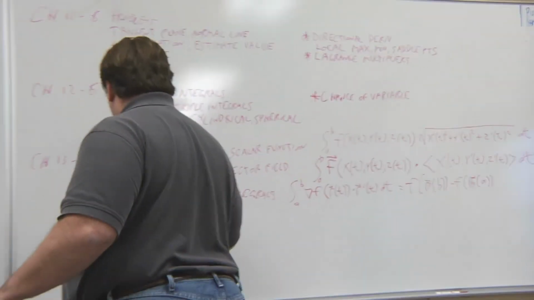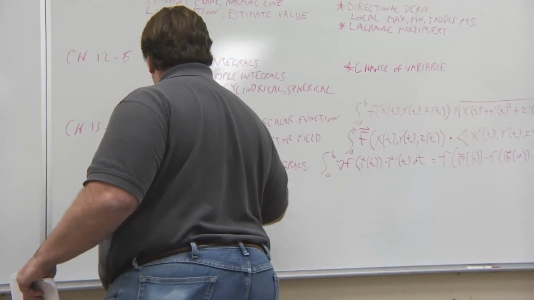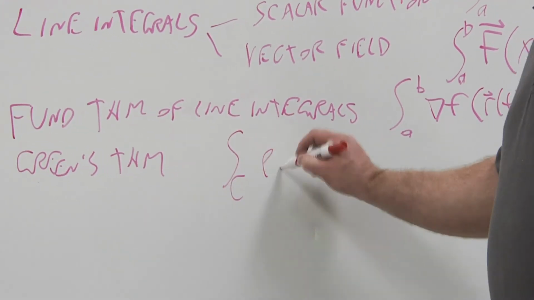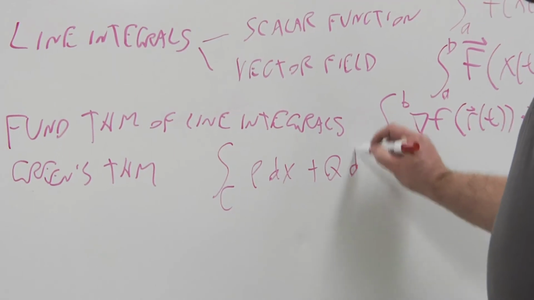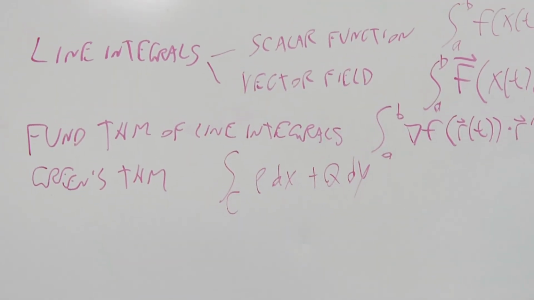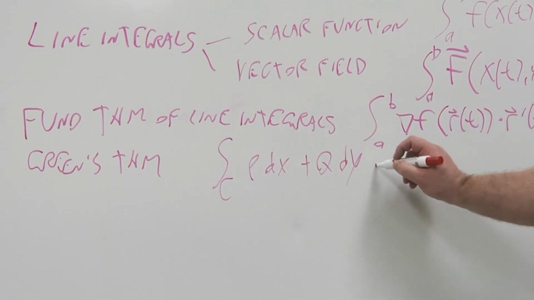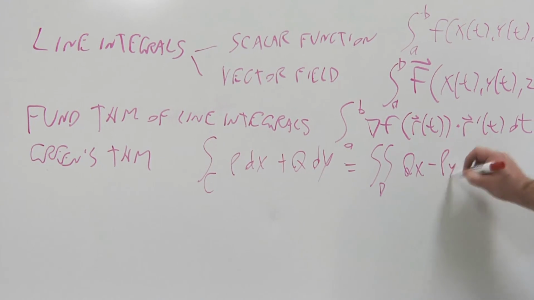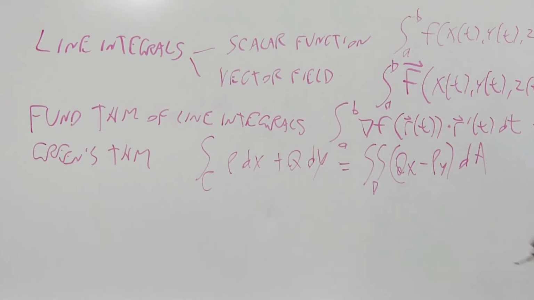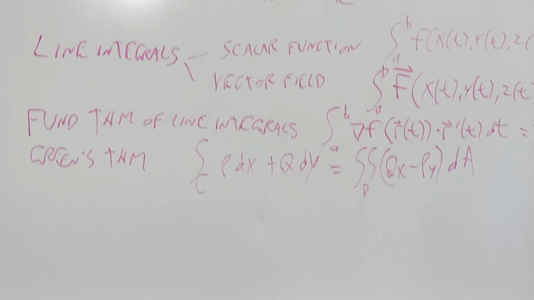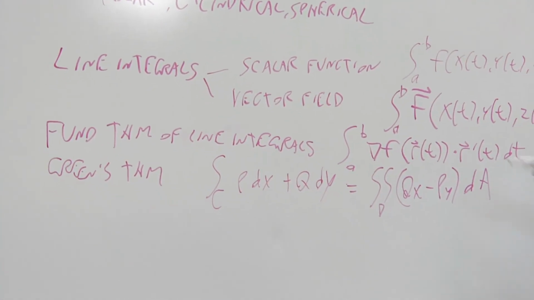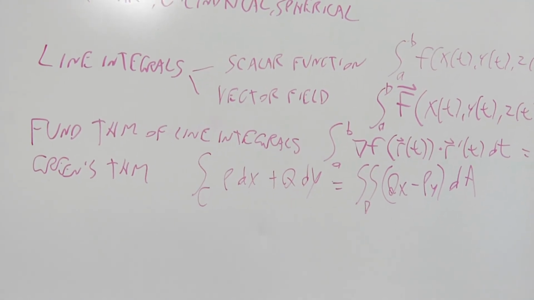We have Green's theorem. So if you're given an integral over a curve, 2-dimensional vector field, then you compute these derivatives of P and Q. Chances are, like what happened on the third exam, you get something simpler to integrate, even though you're going to have to do a double integral over the interior.